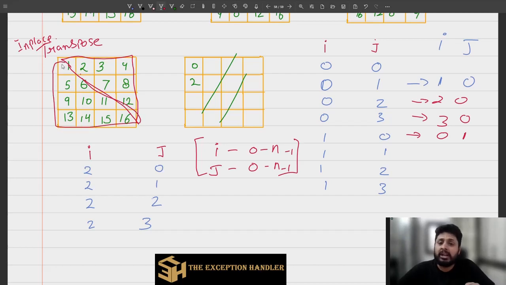If I do that, then this will not happen. So for me, I would take the lower triangle and swap it with the upper triangle. So let's remove everything from here.